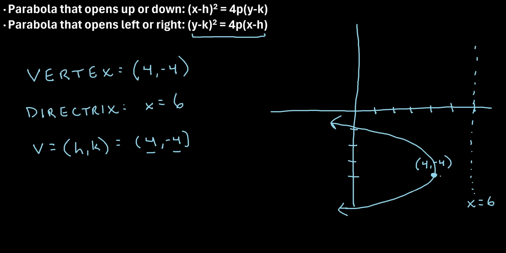To go from the vertex to the directrix, we would have to add 2. And to go from the vertex to the focus, we would have to subtract 2 in this direction. So the focus is going to be right here. If we want, we can label it as (2, -4).